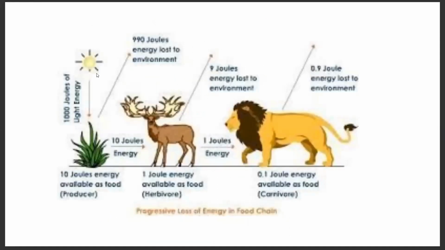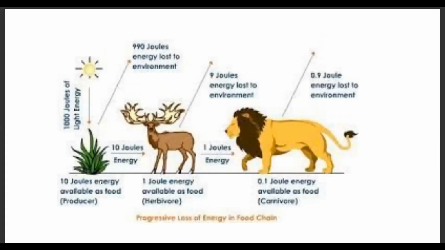Next one, energy loss along the food chain. Now, just imagine this green plant obtains 1,000 joules of light energy, and it converts that light energy into chemical energy.